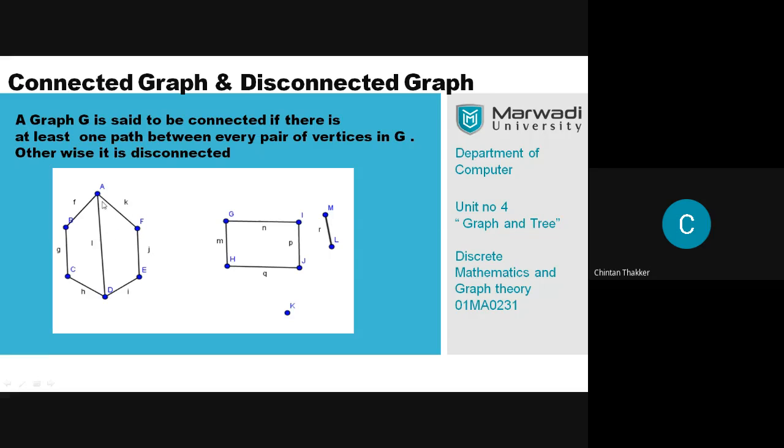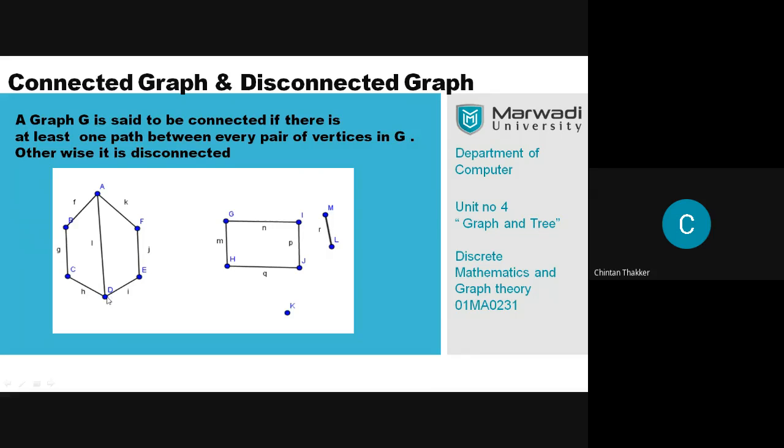Like, say, in the first graph, this is a graph with 6 vertices. Here, if you want to find the path between any two vertices, you can get it. You can get from A to D; A and D are connected.